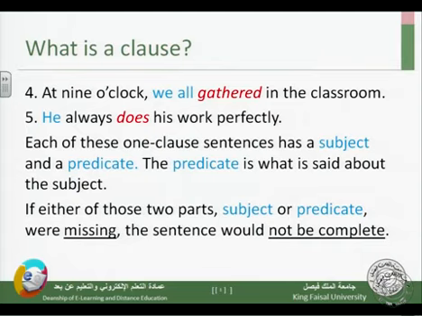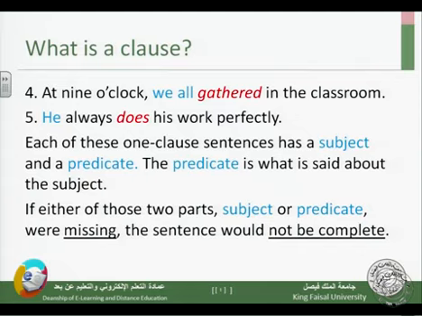In number 4, at 9 o'clock we all gathered in the classroom. We all is the subject and everything else is the predicate, including what comes before and what comes after the subject. So at 9 o'clock is part of the predicate, in the classroom is also part of the predicate, and also gathered the verb is part of the predicate.